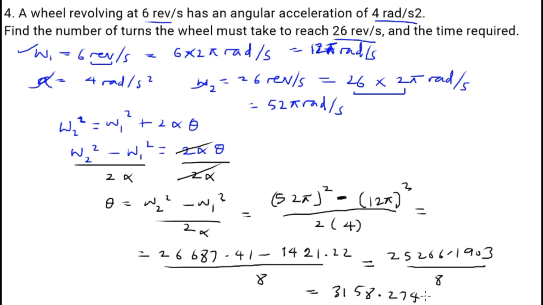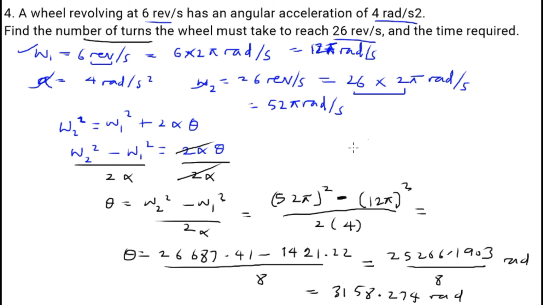If you divide this correctly, you should have 3158.274 rad. Since we solved in rad per second squared, that means the unit of that angular displacement will be in rad. But we just need to convert it to revolutions because we are dealing with the number of turns. To convert it to revolutions, we just need to divide by 2 pi.